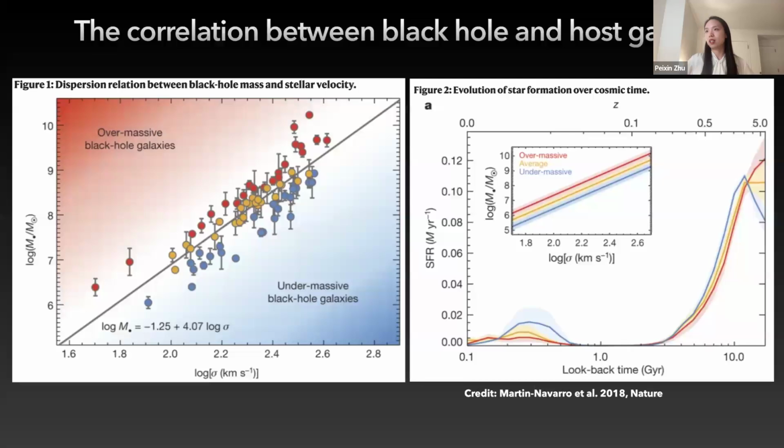This is just a broad idea of how these distributions are formed, but it is still unclear what exactly links the star formation of the host galaxies and the black holes. And that is what is still confusing astronomy these days.